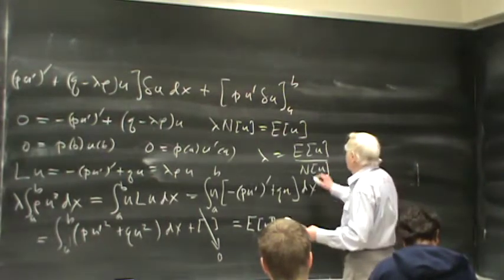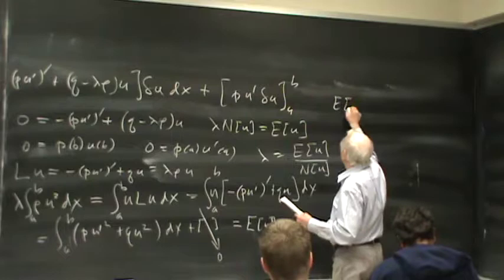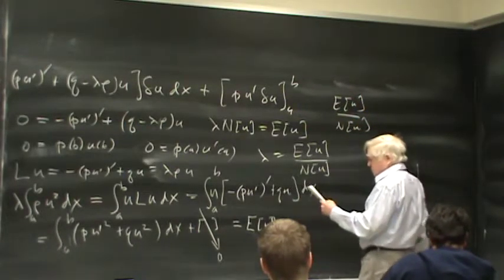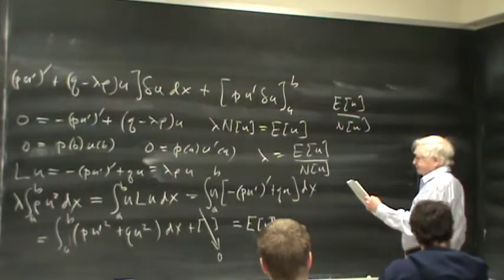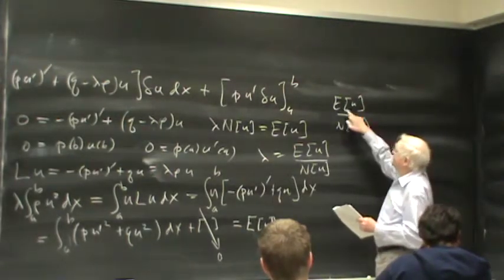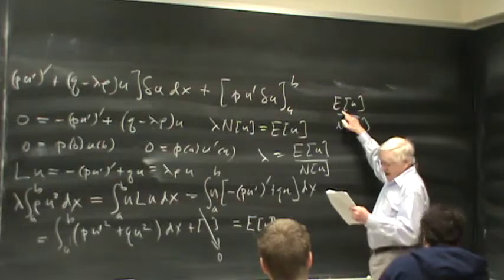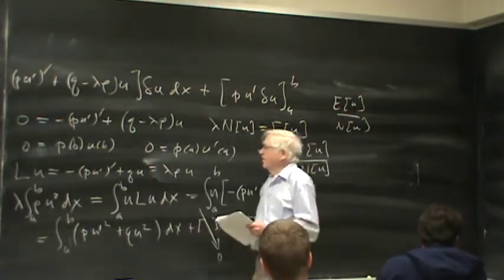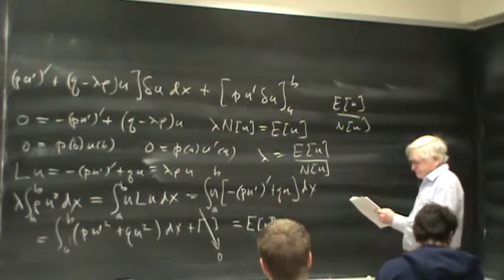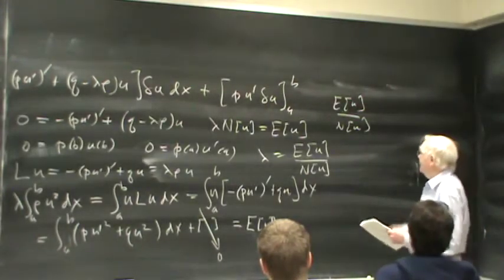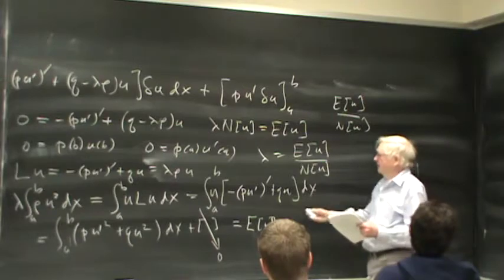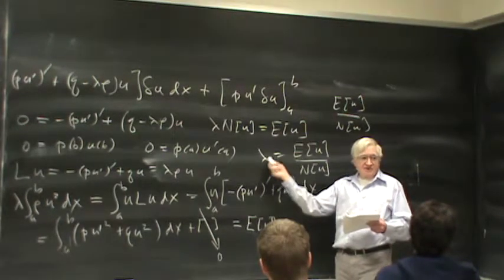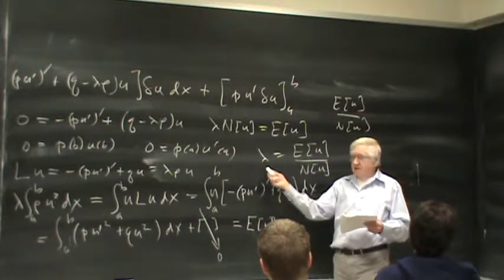Namely, if we take this ratio, E of u over N of u, we can ask two questions. Is the function u that minimizes this a solution of the Sturm-Liouville equation? The answer is yes. And what is the minimum value of the ratio? Well, it's the lowest eigenvalue of the Sturm-Liouville equation.